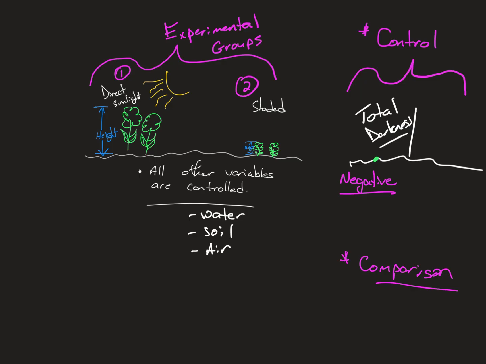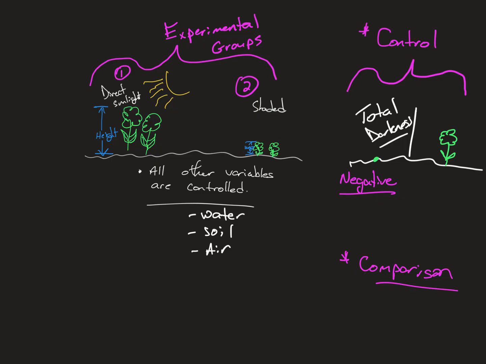Negative control. In this particular experiment, a positive control might be not as useful, but maybe here you have kind of medium light, 5 hours. It doesn't seem like it's reasonable, but, or you know what?